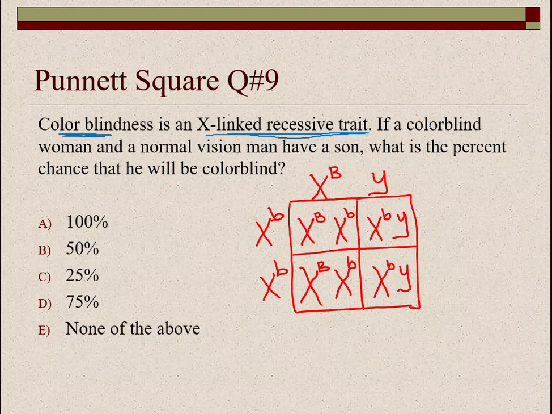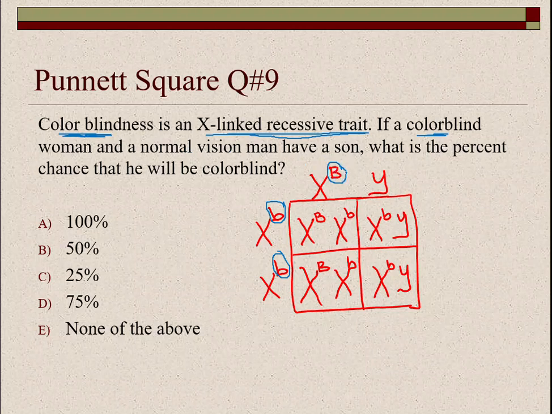So the female is colorblind, so she is carrying two recessive alleles. To set up the Punnett square, you use X and X for the female and X and Y for the male. Now the man has normal vision, so we will give him the dominant allele for normal vision.